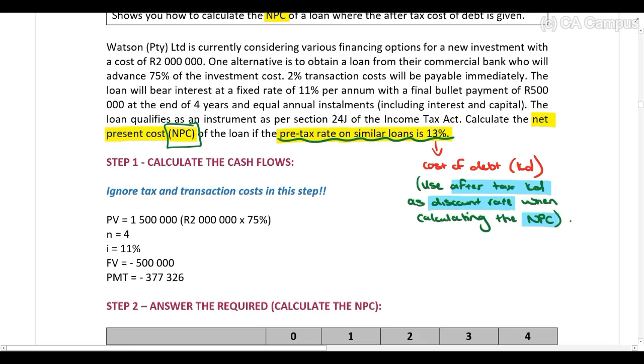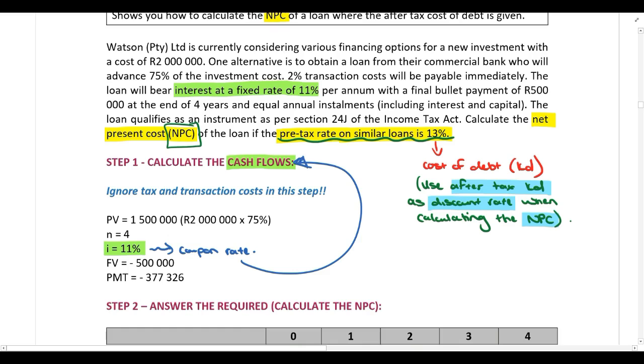This is identical. I just want to point out, when calculating your cash flows in step 1, you use the coupon rate, so the interest rate on the loan, in order to calculate your cash flows. Always use the coupon rate when you are calculating your interest cash flow. Do not use the cost of debt, so don't use the 13%.